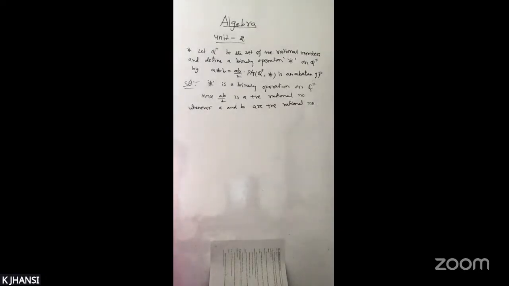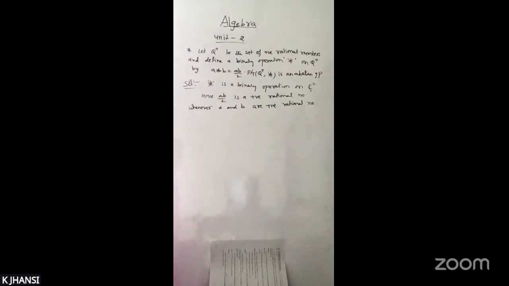Therefore, AB by 2 is also a positive rational number. So the first property is the closure property. Here A star B is equal to AB by 2. Whenever you do the multiplication of those two elements, the resultant you get is present in this set. So therefore, the closure property is satisfied.